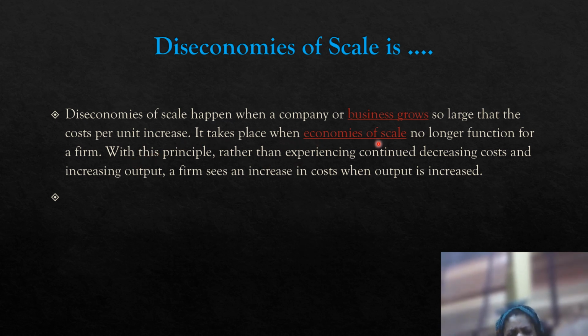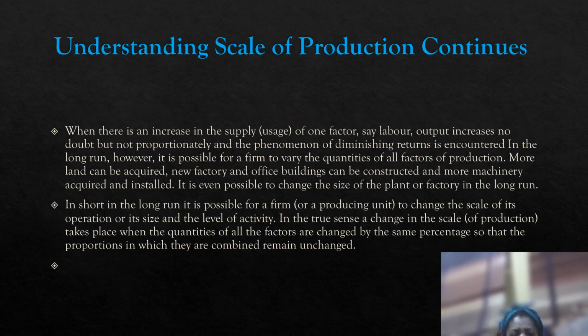It takes place when economies of scale no longer function for a firm. With this principle, rather than experiencing continued decreasing cost and increasing output, a firm sees an increase in cost when output is increased.